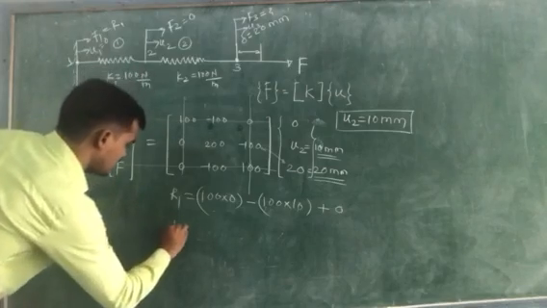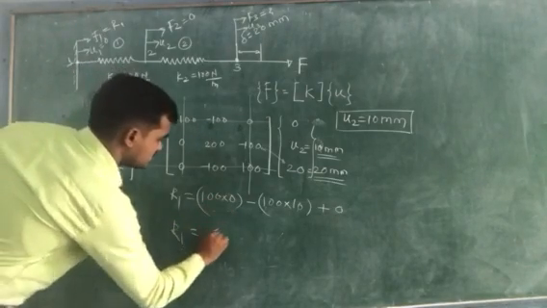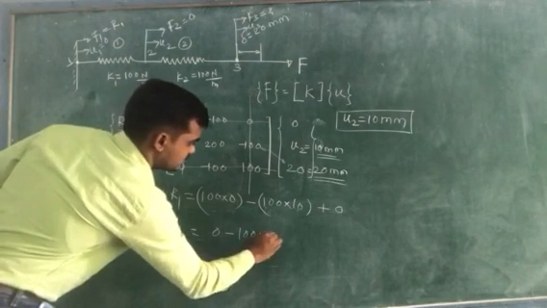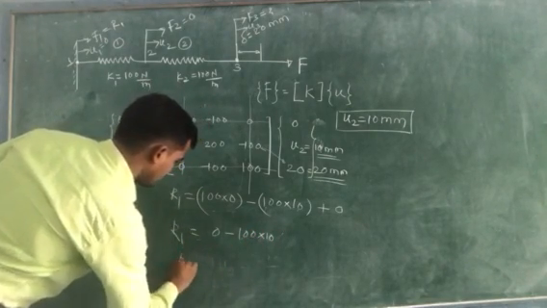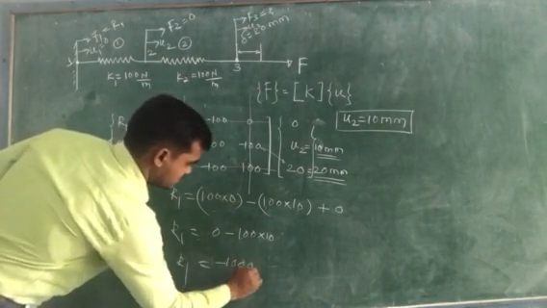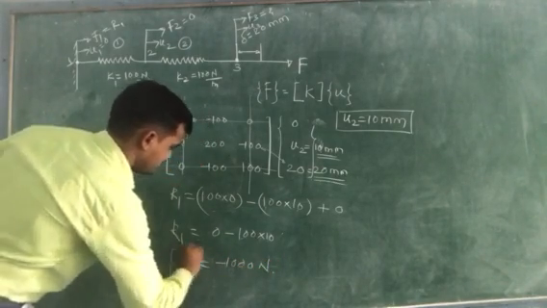So R1 is equal to 0 minus 100 into 10. Finally R1 will become minus 1000 Newton.